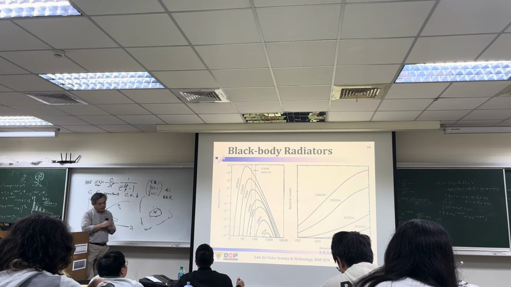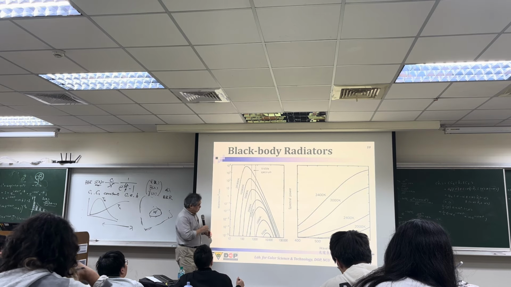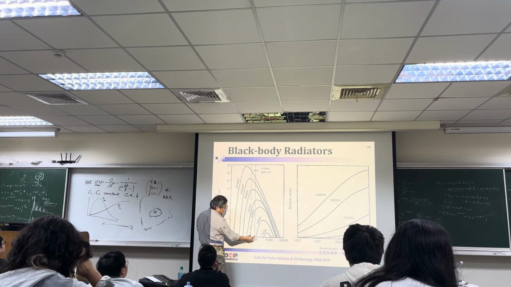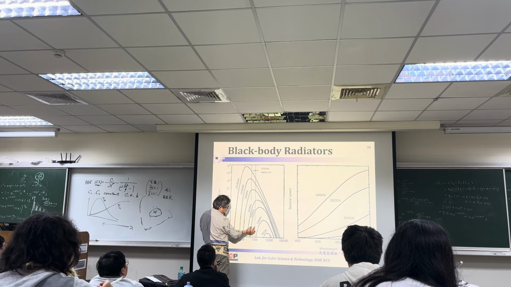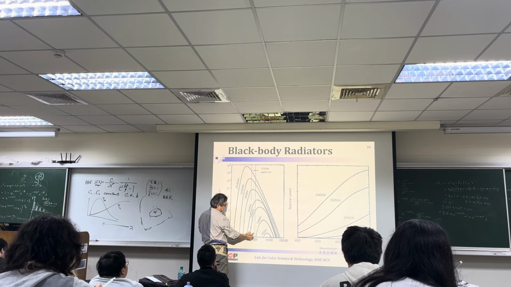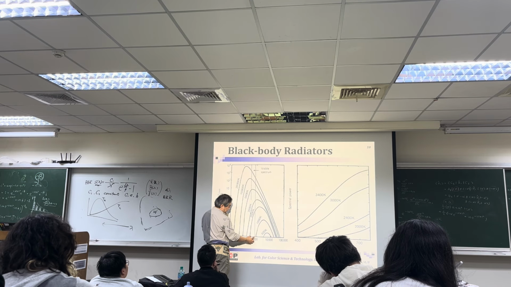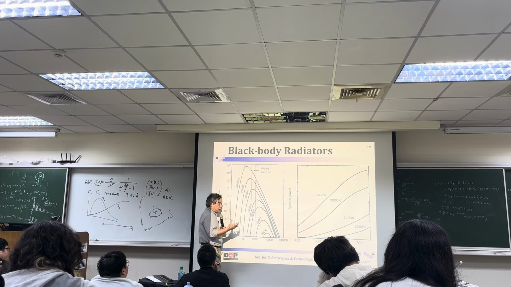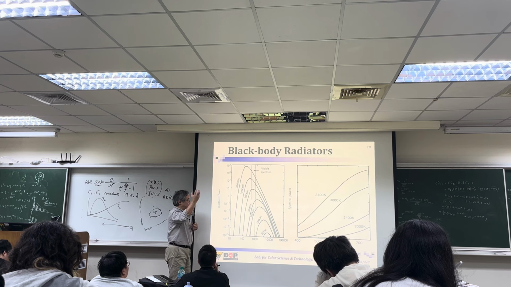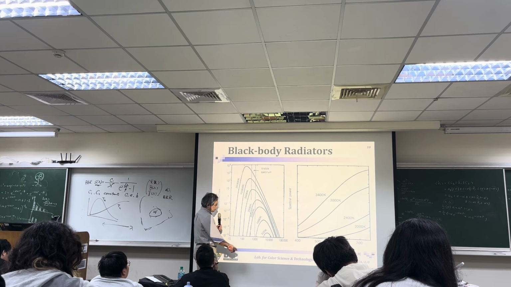So this narrow range is our visible band. If the light source has energy within this range, then we will see the light is bright.